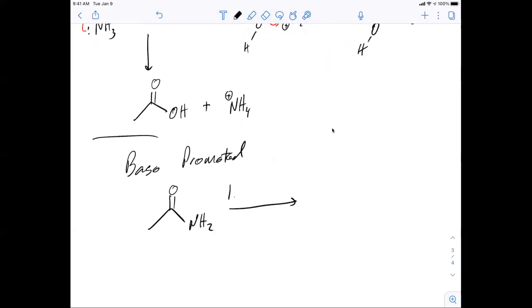But we've got to do it in 2 steps. And notice here, it's not only sodium hydroxide, I'm going to be adding heat. Again, the amide needs a little bit more encouragement. In this case, the heat is essential to get over the energy of activation. But after both steps, I ended with the carboxylic acid.